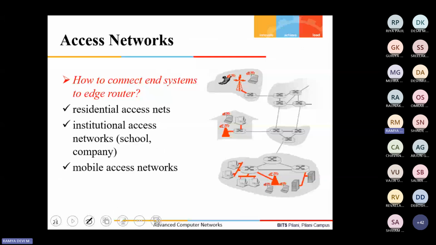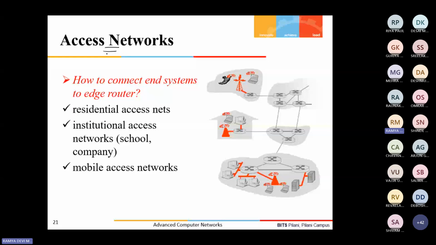Now we'll see the access network. An access network is nothing but an infrastructure which connects the end systems. In the previous slide, we saw how the end systems are connected with the help of routers or multiple devices.